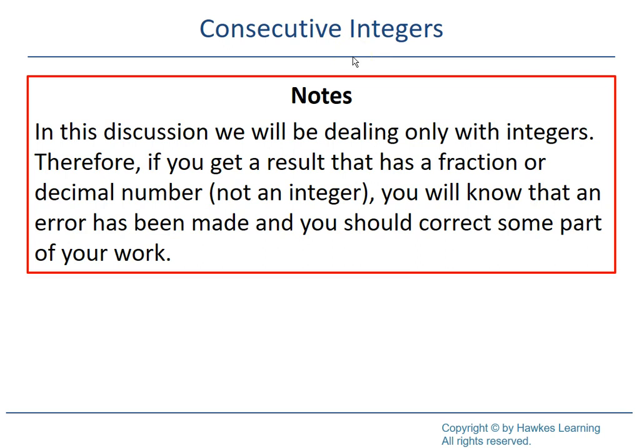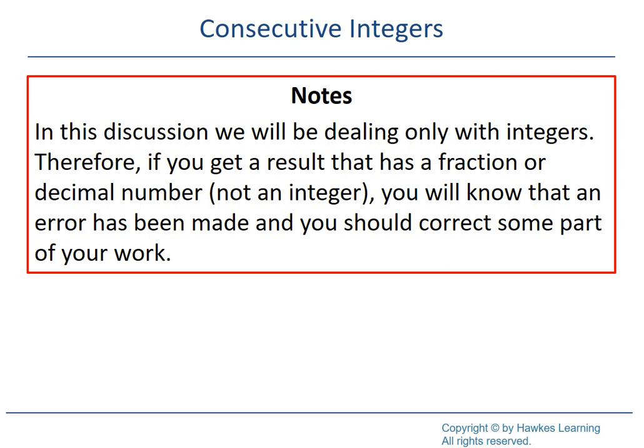Now we're going into another topic that relates to many word problems where they're asking for consecutive integers. Now remember, integers are things like 1, 2, 3, -5, -4, this type of number.